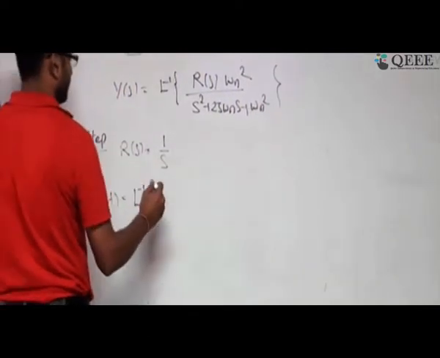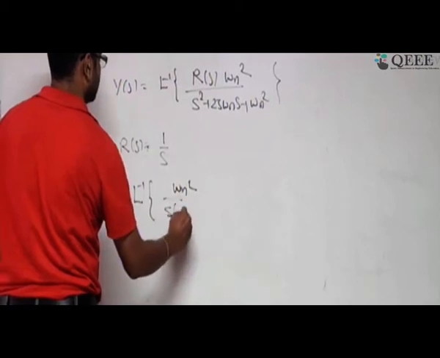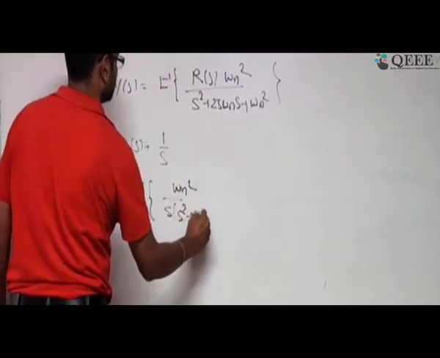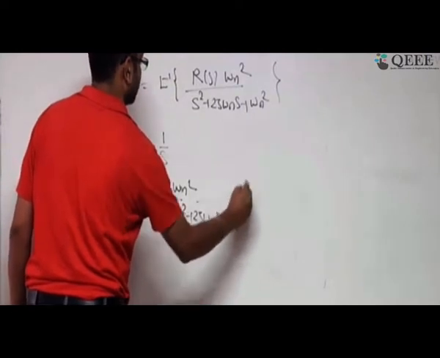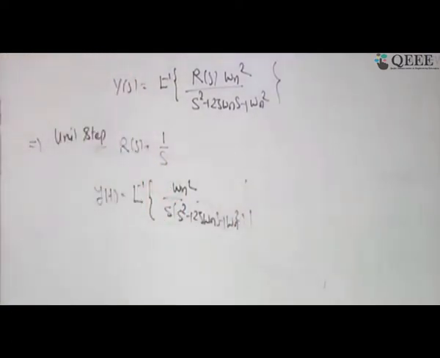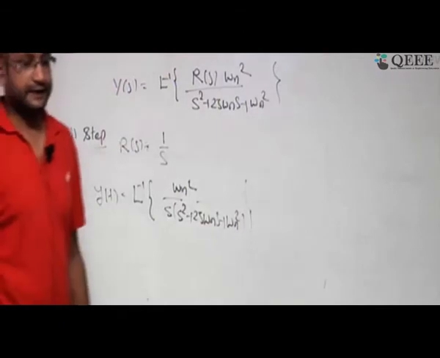the inverse Laplace transform of omega_n squared over s squared plus 2 zeta omega_n s plus omega_n squared, times 1 by s. Okay, fine. Now you have to take the inverse Laplace transform and solve this entirely.